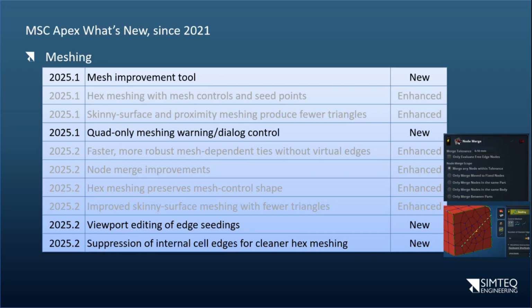Sometimes you sit with a lot of cut planes internally that go from side to side, and you could improve that by merging certain cells or changing the sequence in which you've subdivided it, or you can now suppress them internally to improve or manipulate the way the mesh is created.